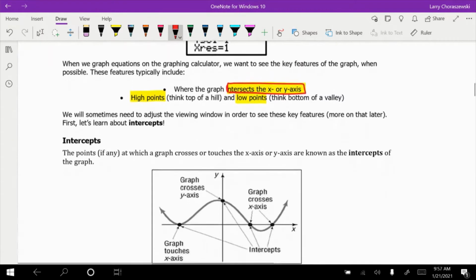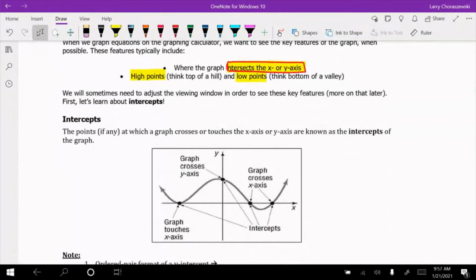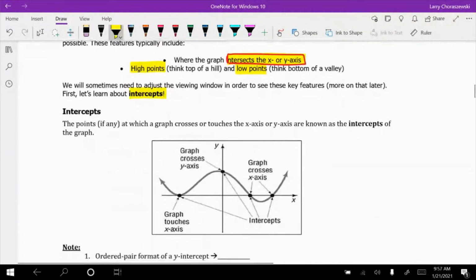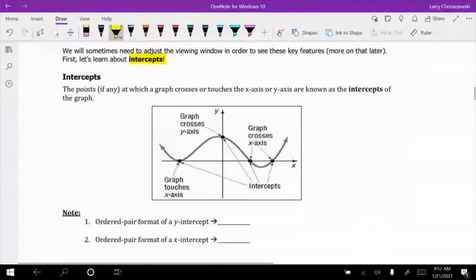That brings up a really important concept in this course, or actually really important points on a graph, and those points are known as intercepts. We'll be doing more of a discussion on this later on.